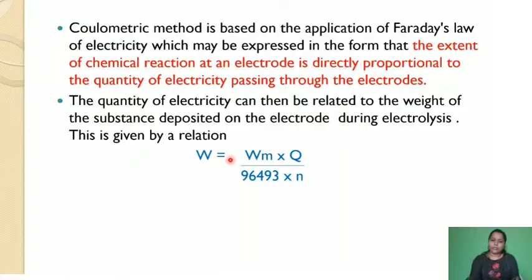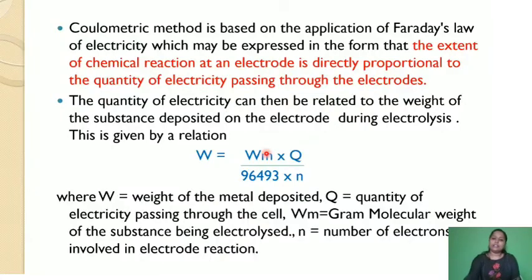Here W is the weight of the metal or substance deposited electrolytically at an electrode, and Wm is the gram molecular weight of the substance.